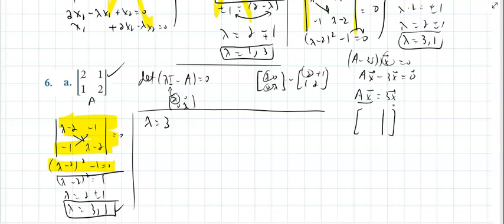So A minus 3I, well, let's see. Lambda equal 3 is right there. If I put the 3 there, what would that be? Or here, let me continue. A minus 3I, that's 2 minus... Oh, again, I apologize. In the previous books, they solve it always this way.